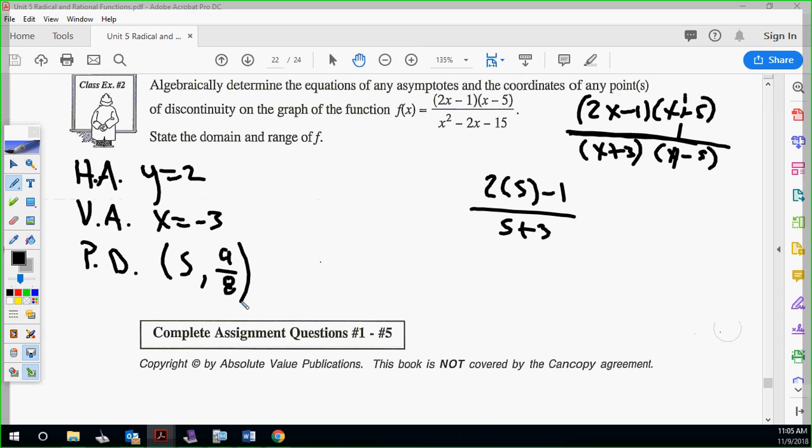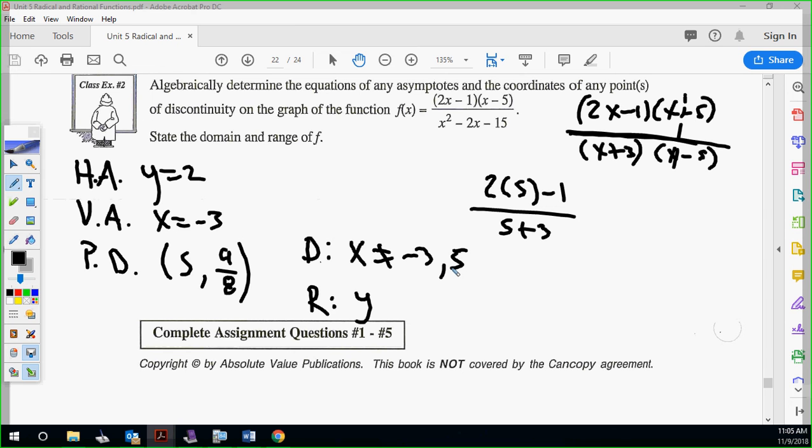Now, last thing I do is the domain and range. Okay, so what's the domain? What's the domain? Yep, can't be -3 and 5, positive 5, because it's -5.